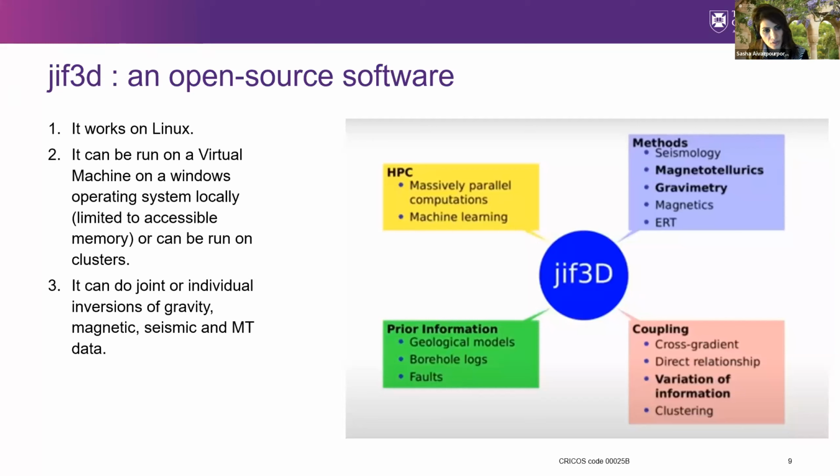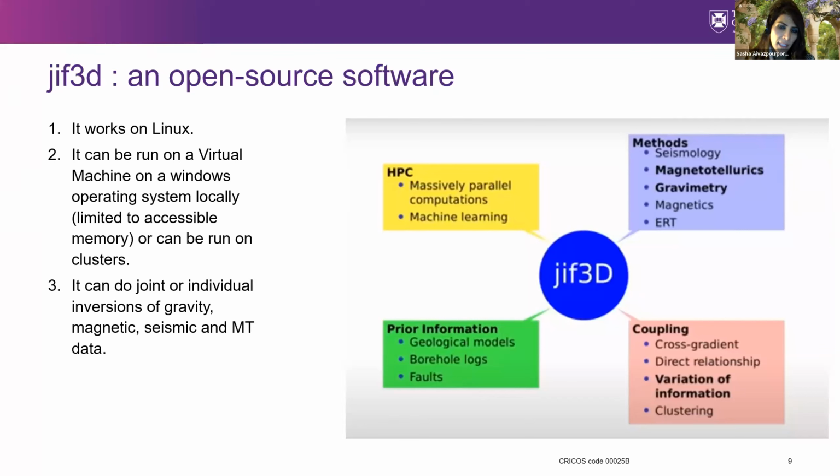It works on Linux, if you are ever interested in using it. It can be run on a virtual machine locally on Windows. It depends, and there's a limitation, of course, with your memory. I'll tell you a bit more later, but you can do that.